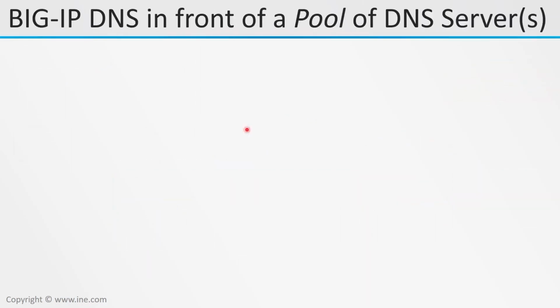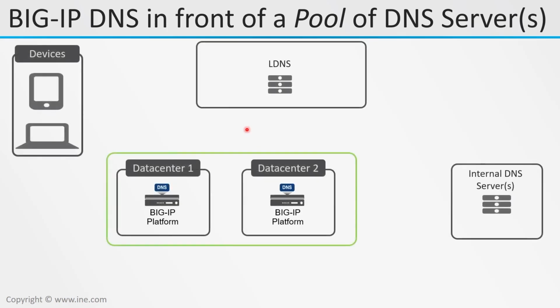Okay, and a slight variation of a different design, and this is the last architectural design we'll discuss in this series, is DNS in front of a pool of DNS servers instead of just one. Notice there's no physical switch between the LDNS and the DNS server.